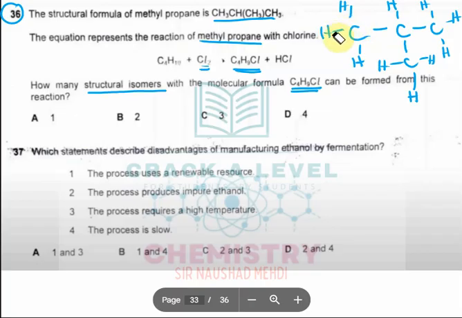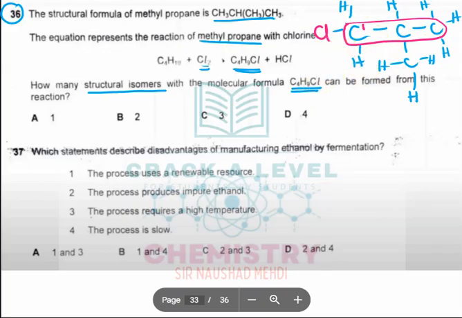Let's suppose I remove the hydrogen from this carbon atom and replace it with Cl over here. If I want to name this compound, you have to select the longest chain of carbon atoms, and you will start numbering from the carbon atom where the Cl is attached. So this would be the first carbon, and on the first carbon the Cl is there.